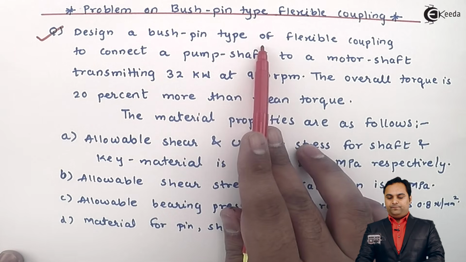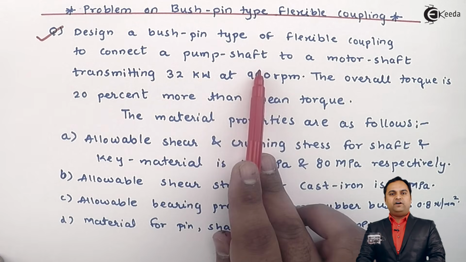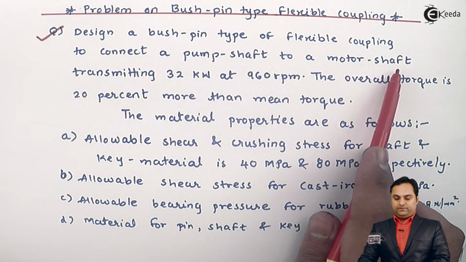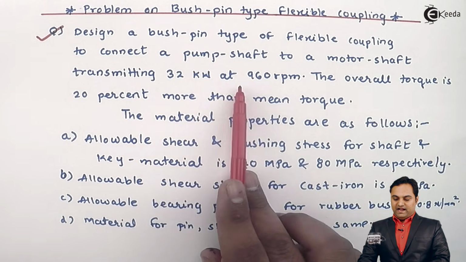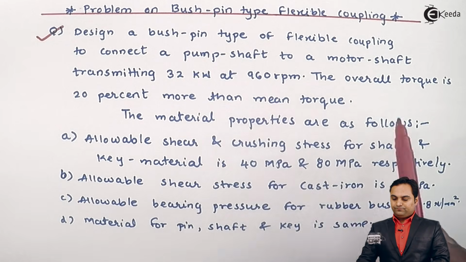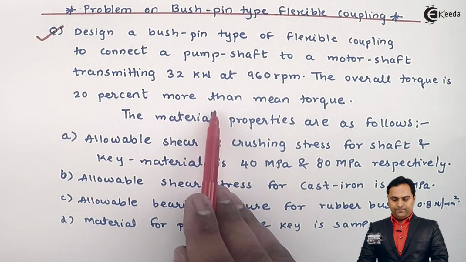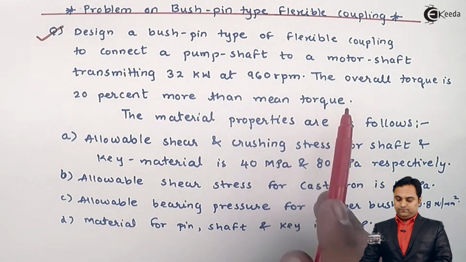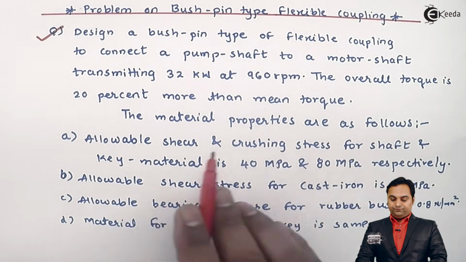Design a bushpin type of flexible coupling to connect a pump shaft to a motor shaft transmitting 32 kilowatts at 960 rpm. The overall torque is 20% more than mean torque. The material properties are as follows.